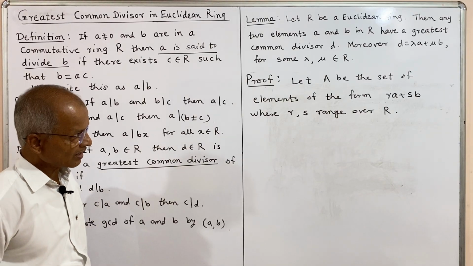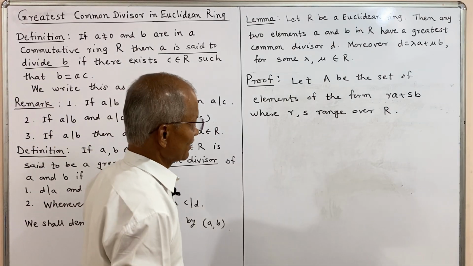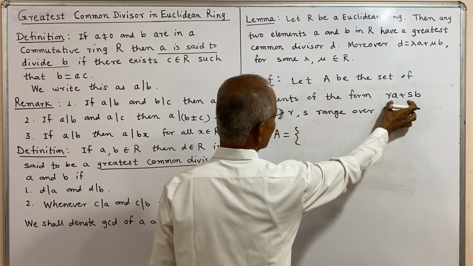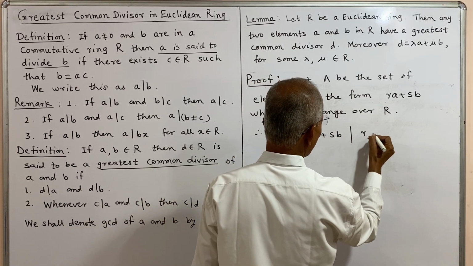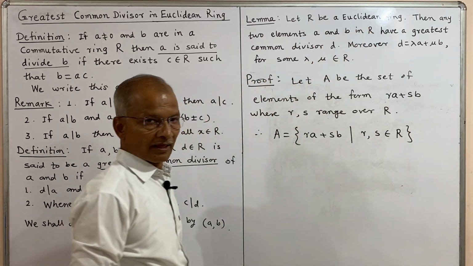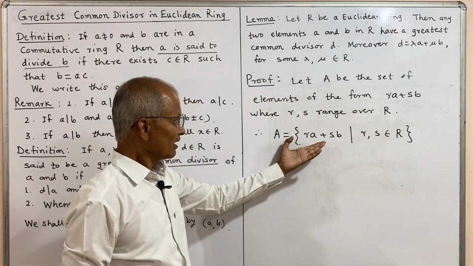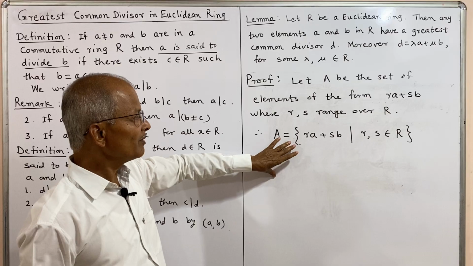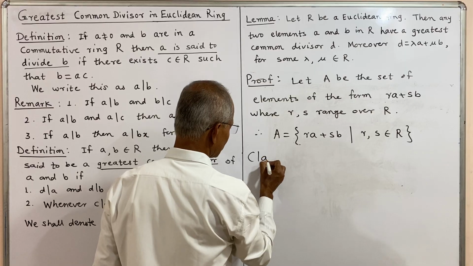Combination of A and B means A is multiplied by some element, B is multiplied by another element, and they are added. So A is the set of elements of this type, RA plus SB, where R and S belong to R. And you see A, B are already in R. So all the elements A, B, R, S are in R, and the set of this type of element is denoted by A. Now what we shall claim is that this A is an ideal of ring R. That is our claim.